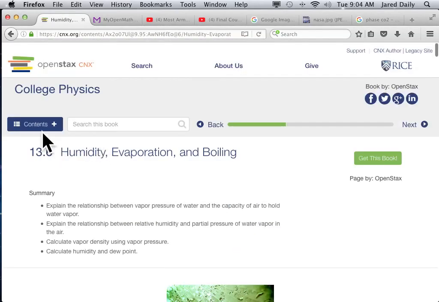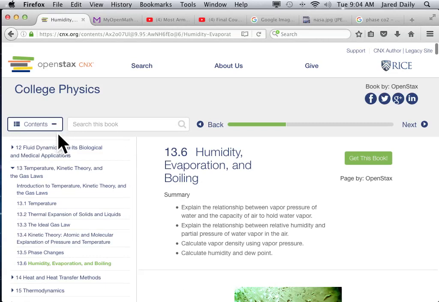So in chapter 13 we learned about temperature, the different temperature scales, learned about absolute zero, learned about thermal expansion of liquids and solids, and we learned about the ideal gas law, so that we can compare things like temperature to things like volume to things like pressure and number of molecules or particles.